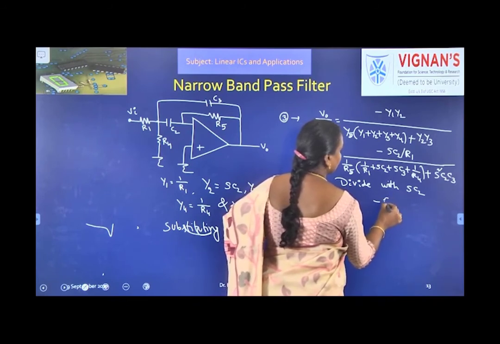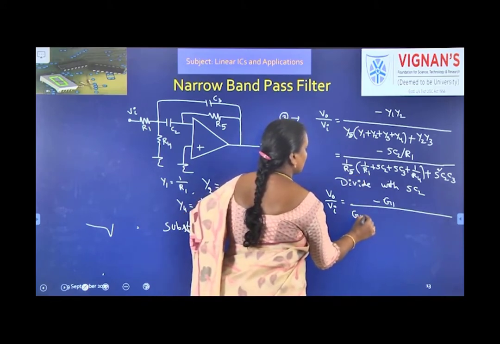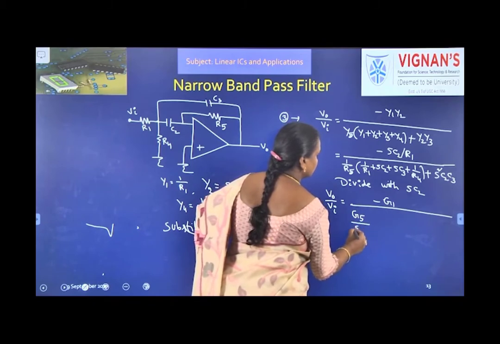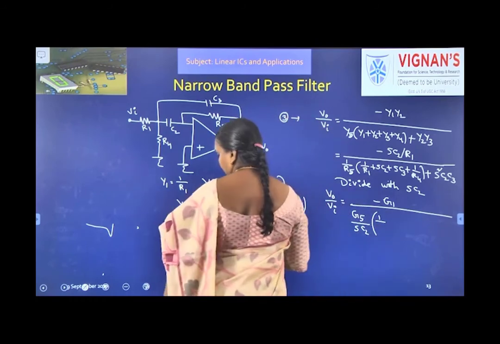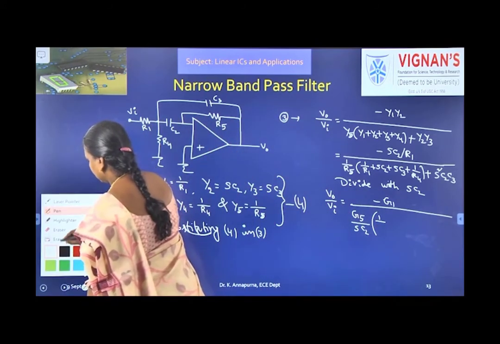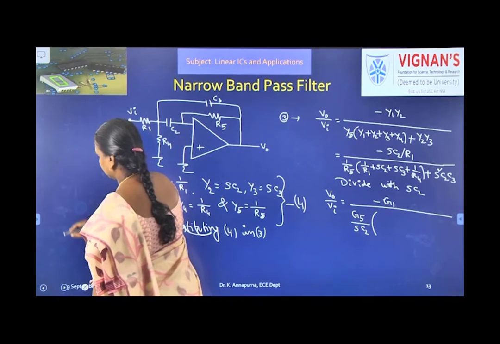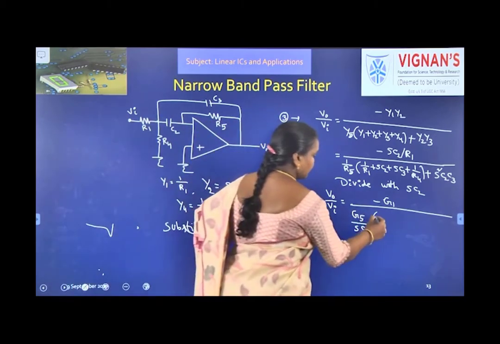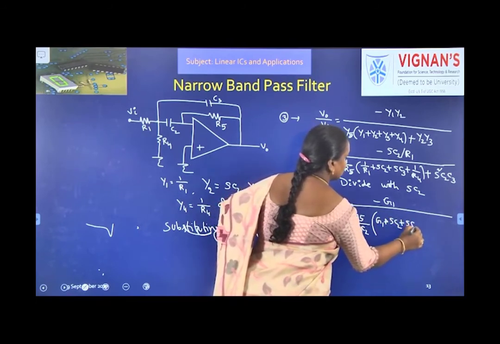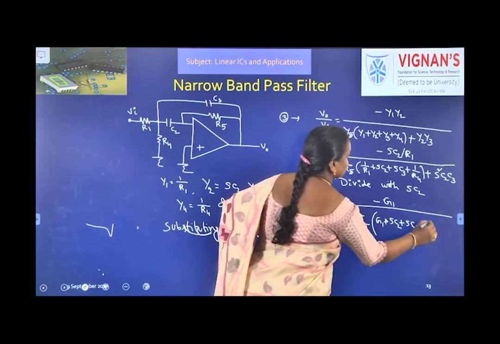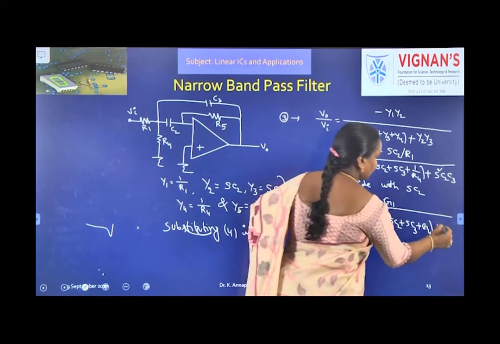So 1 by R1 means I can write G1 by G5 by SC2 into G1 plus SC2 plus SC3 plus G4 plus, here if I divide with SC2, it will be left with SC3.